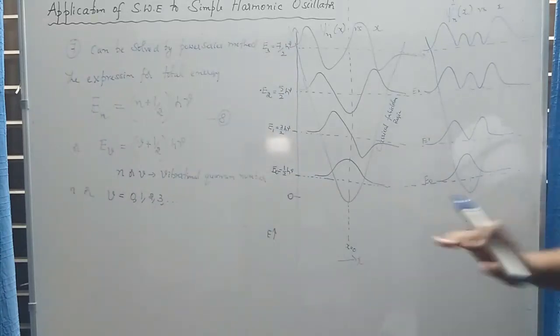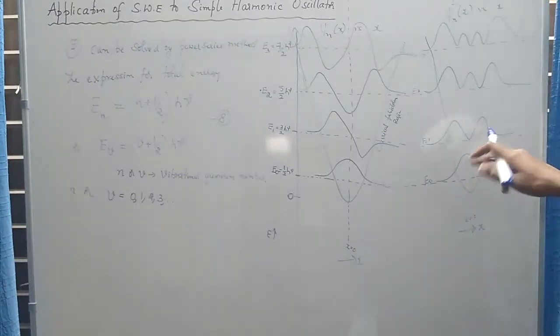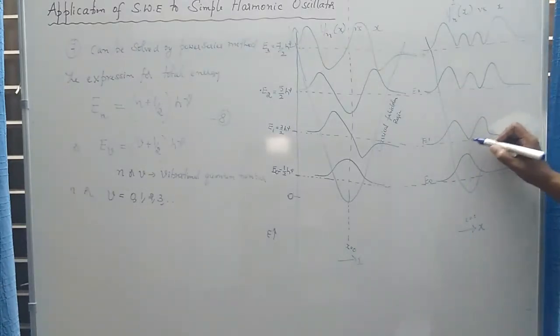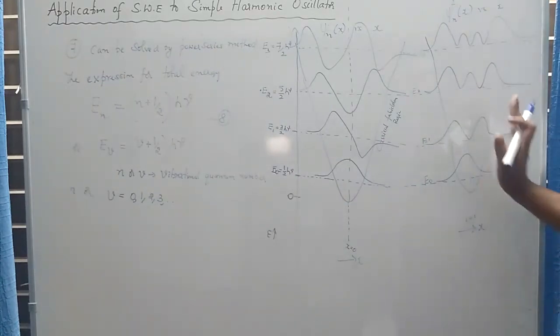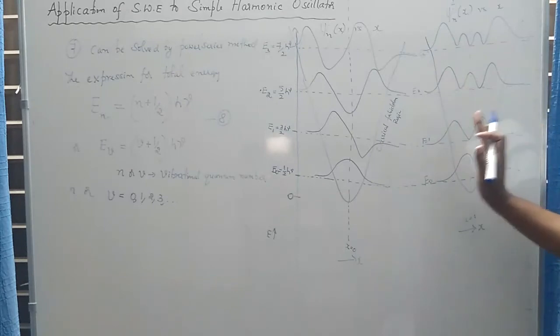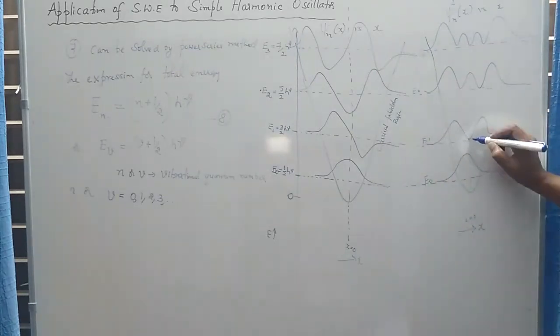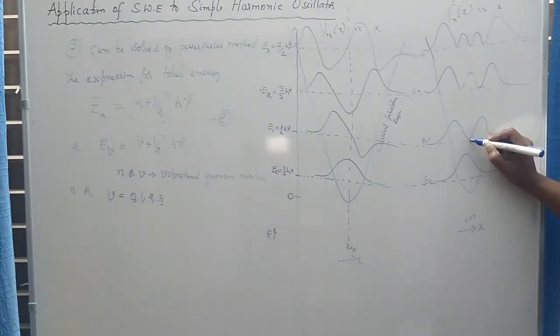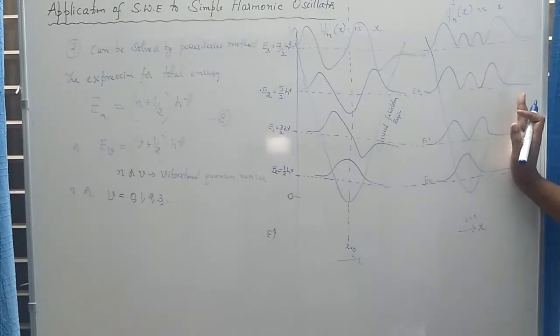But as the vibrational energy increases, the probability of finding the particle shifts from the center to the two extreme sides, that is x is equal to a and x is equal to minus a. See here, in the first excited state, the probability of finding the particle at the center is almost 0, whereas the probability is maximum towards the two extreme amplitudes.